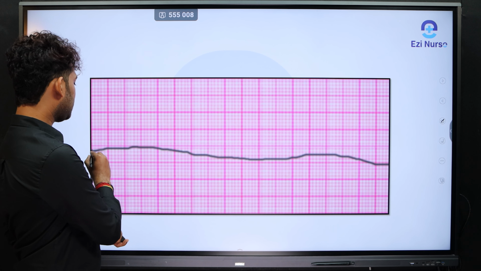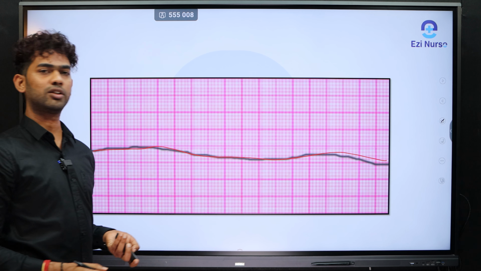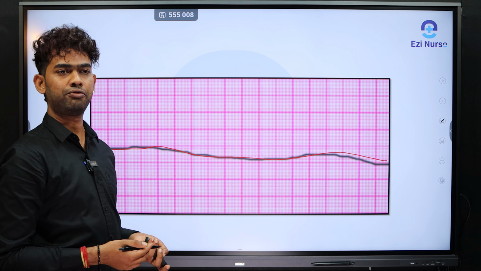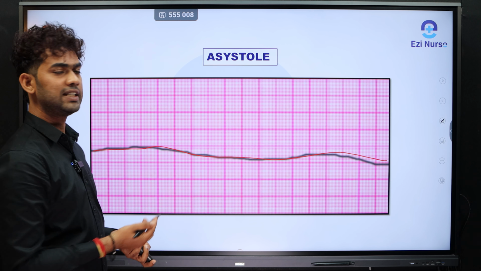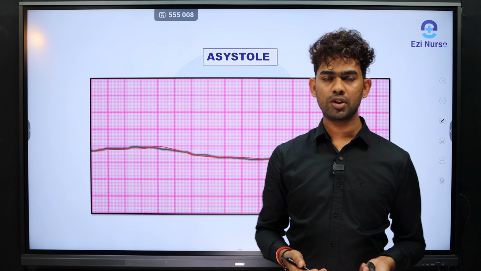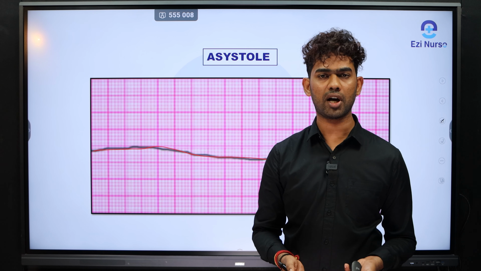Look at this rhythm. It is a straight line. Okay, straight line. So we can say there is no electricity. So we can call the rhythm a flat line, that is asystole. When you get this rhythm, what should you do first? First of all, you should check the electrical connection between the patient and the monitor.